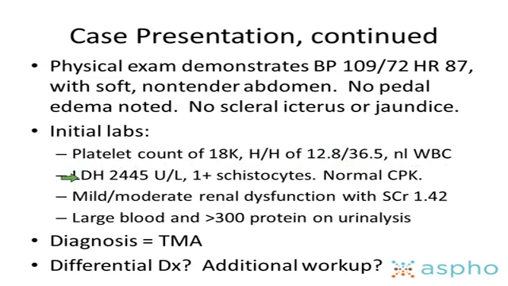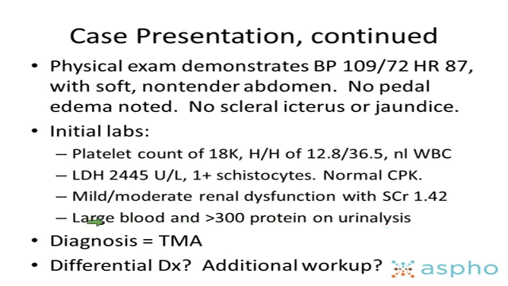He does have a substantially increased LDH, as well as the presence of schistocytes on his peripheral smear, and due to the dark urine and blood in the urine, he had a CPK done that was normal. He does have some mild to moderate renal dysfunction with creatinine of 1.42, and he has both blood and protein on his urinalysis.